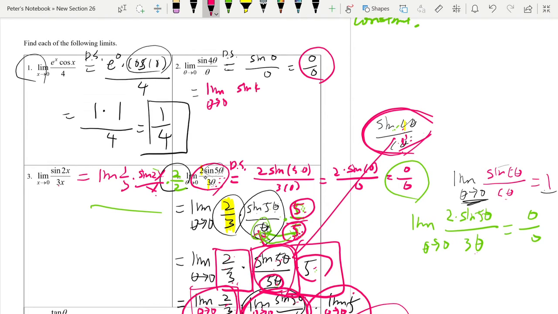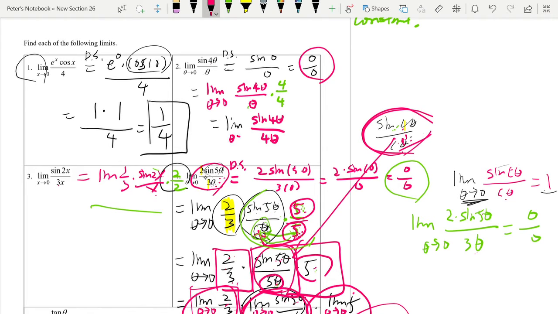Sine 4 theta over theta, but I want that to be 4 theta. So just like what we did over here, we're going to multiply by 4 to get the 4 theta. But then I don't want to change the value, so I need to multiply by 4 over 4, which will give me limit of sine 4 theta over 4 theta, right?